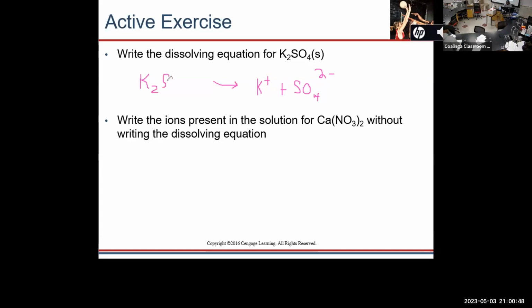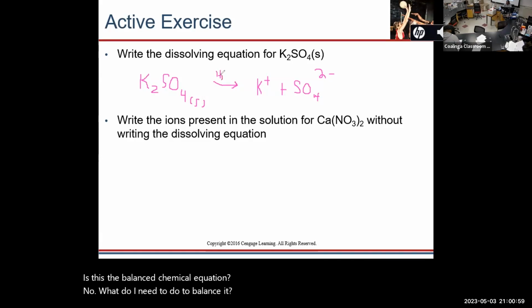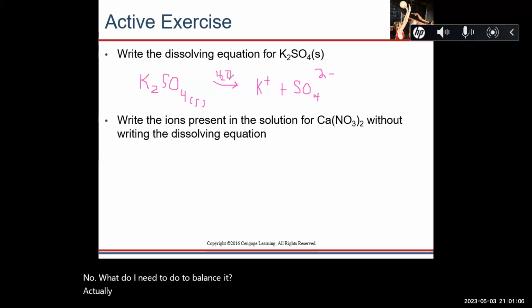Is this a balanced chemical equation? No. What do I need to do to balance it? A 2 on the K, the product.